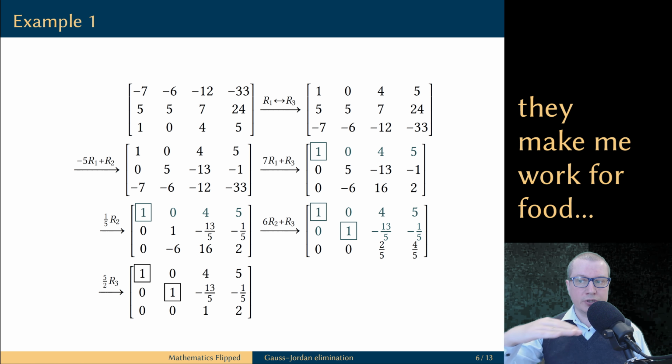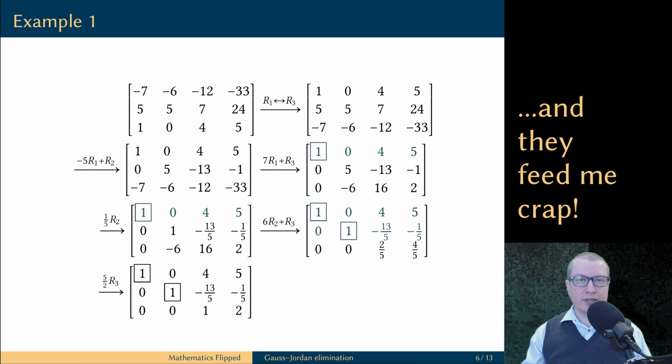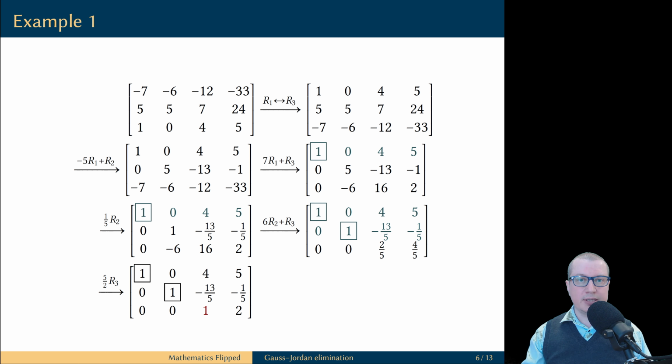Now we are going to start at the bottom of the matrix and work our way up to clear all the entries above the leading ones. We start with the bottom row, it is row number 3, and we take the leading one in this row and we use replacement operations to produce zeros above this leading one.